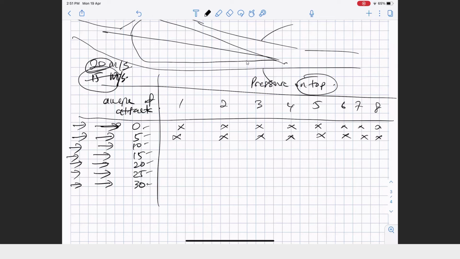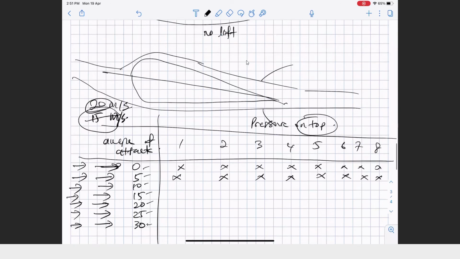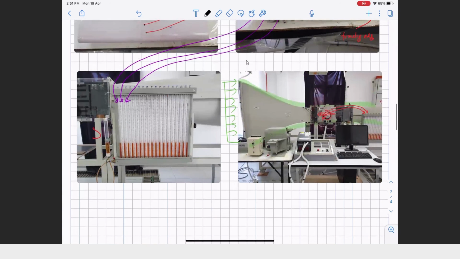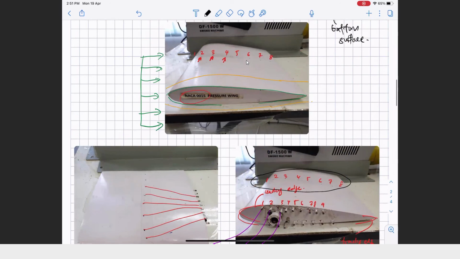That is why I need you to look online at the existing coefficient of pressure that people have found. You can even find the coefficient of pressure for exactly NACA 0015, because different profiles will give you different curves. Use this as your reference.